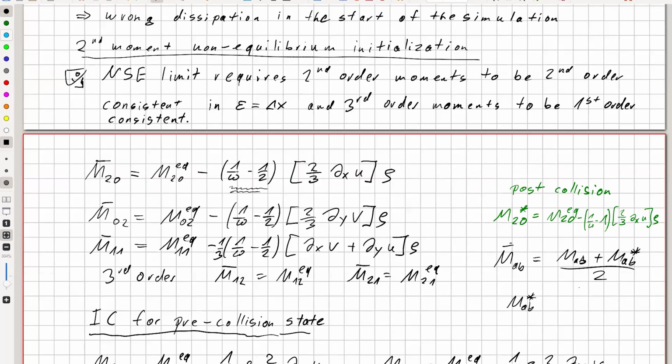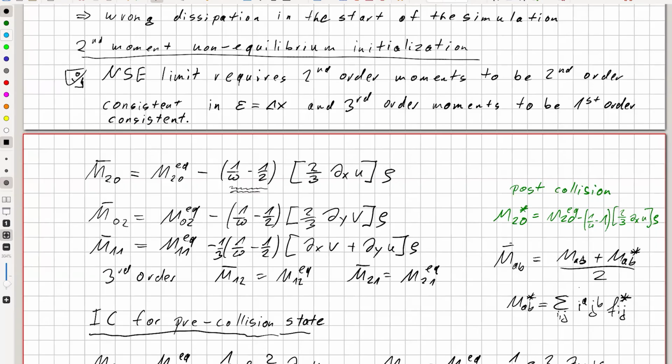And this M_ab star is of course the sum over i and j of i to the power of a and j to the power of b times F_ij asterisk, right? So when it comes to the code, we just initialize M20, right? We don't initialize M20 bar.